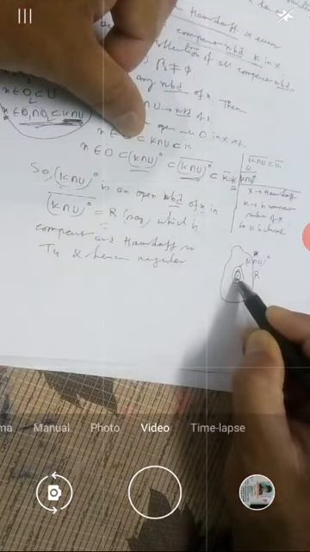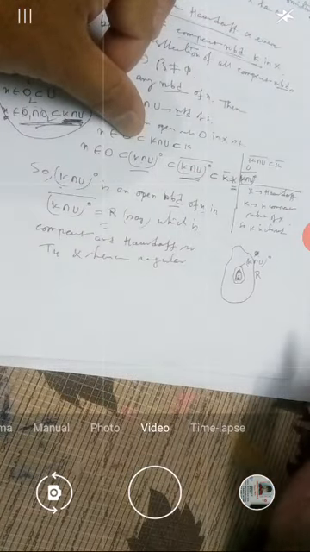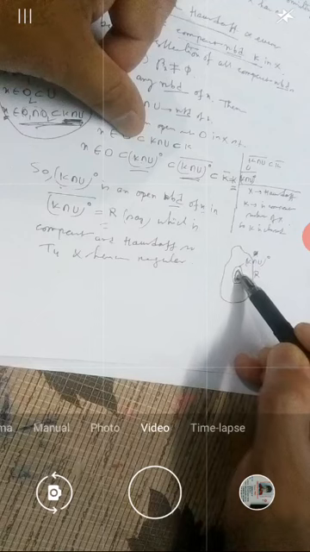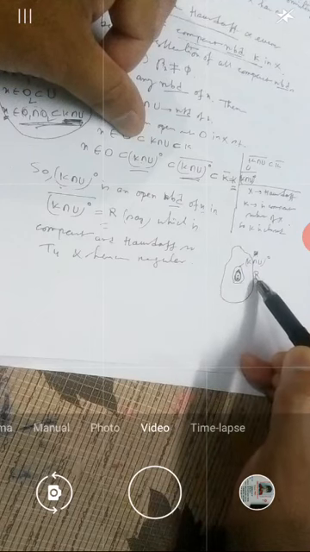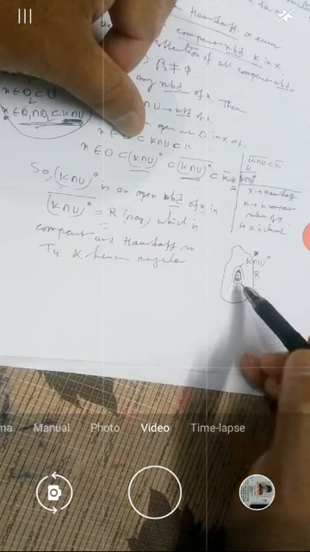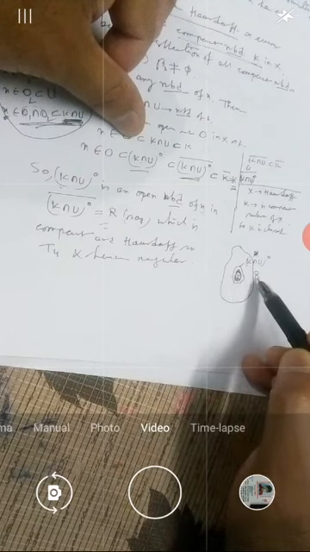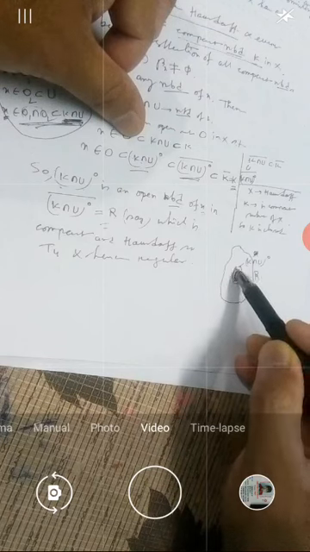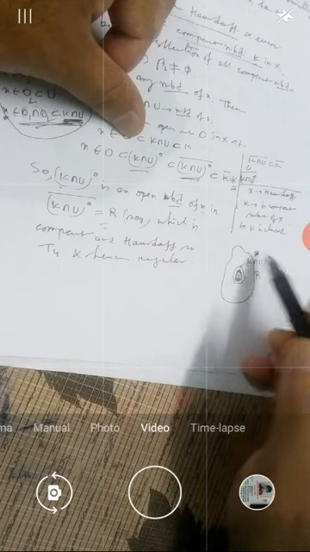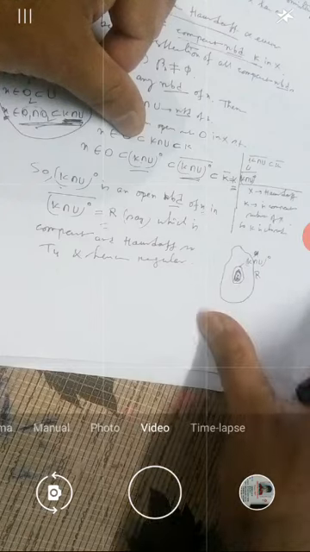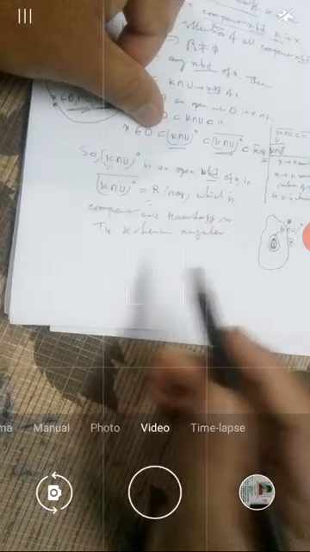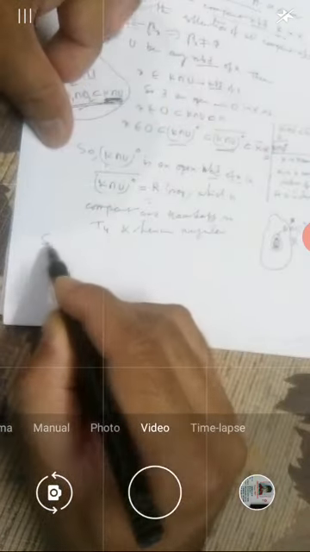So this point is x. So we will get another open set in R containing this x and whose closure in R is totally contained in this open set, isn't it?